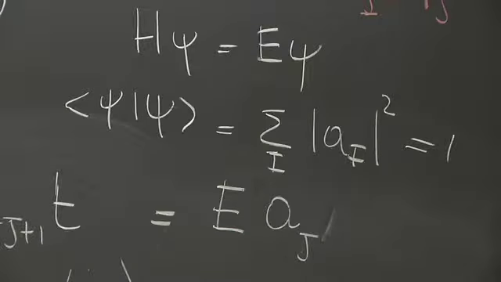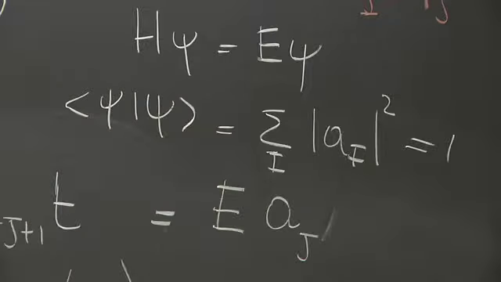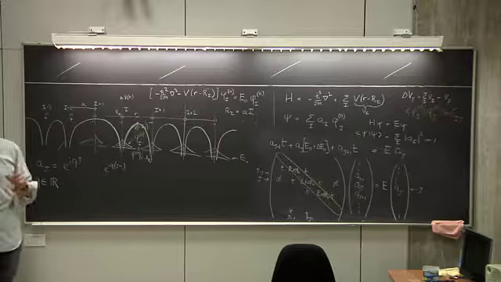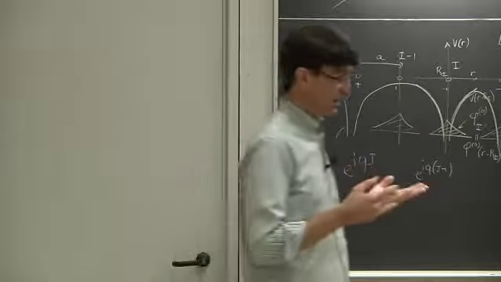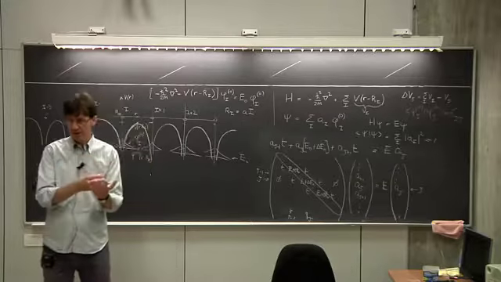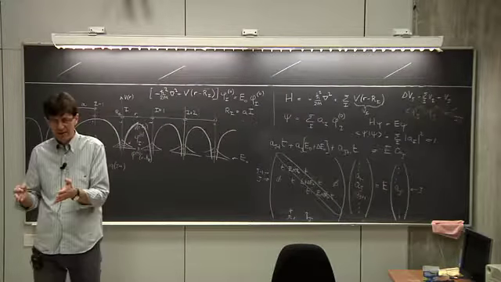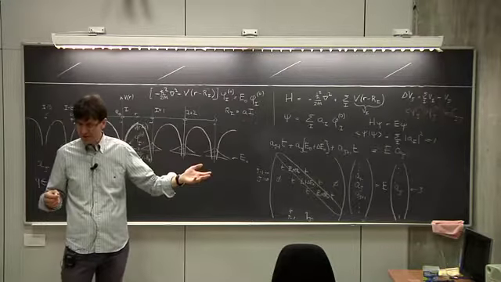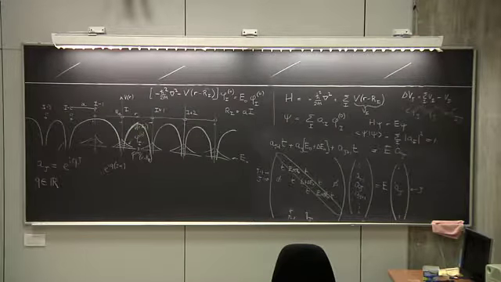I could say, instead of asking my wave function to have the integral of its square modulus be 1 over the whole space, let me ask that it integrates to 1 only within the unit cell. Now I have another problem. My wave function could be different if I go from one unit cell to another one. So how can I argue that it's 1 in one unit cell? What about the other unit cell? If the wave function is different in the other unit cell, I have to do it for all the unit cells? Allow me to come back to this problem when we discuss Bloch's theorem, next time.